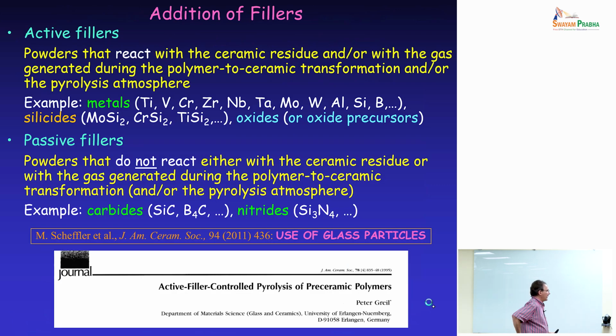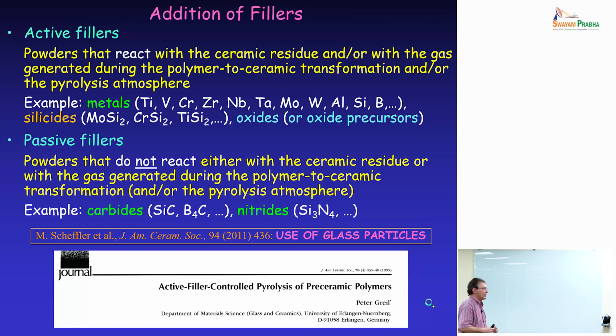I mentioned that you can use fillers, and fillers are simply particles that you can add to your ceramic material to modify the properties. And if you do that, you end up with a composite material based on your matrix deriving from the preceramic polymer and the particles that you have embedded.